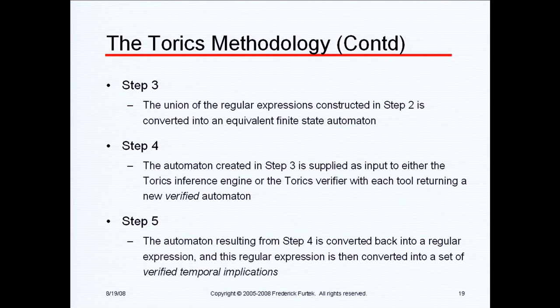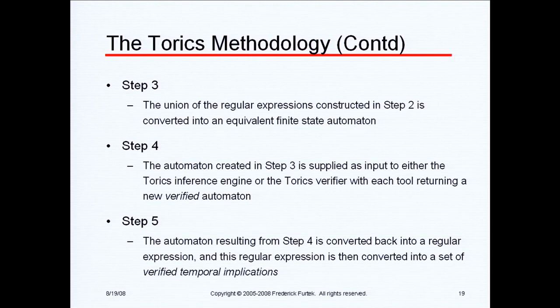Step 3. Now, those of you who have taken elementary automata theory know that we can convert a regular expression into an equivalent finite state automaton. And that's precisely what we do. But let me emphasize that this finite state machine, this finite state automaton, is nothing like the finite state machine used in model checking.